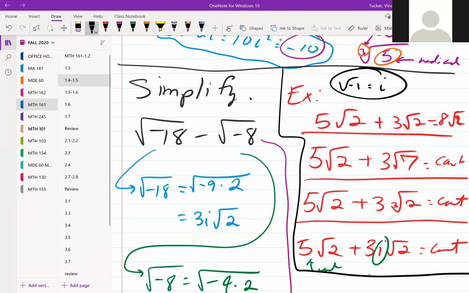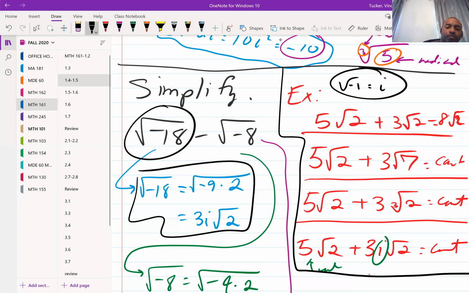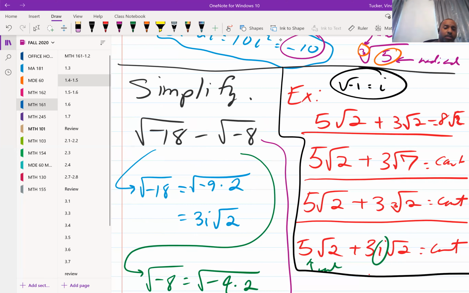Okay, cool. All right. So let's look at breaking down each one of these numbers independently and see if we can create a situation where we can combine these two numbers by subtraction. So the first one is square root of -18. And so I have the breakdown right here. So we talked about this last class.